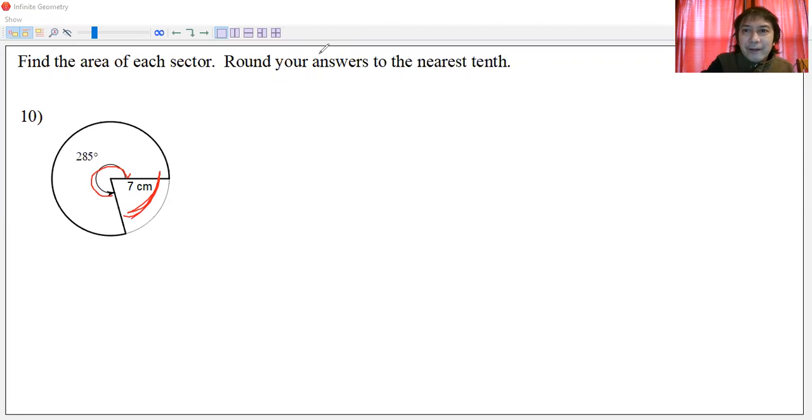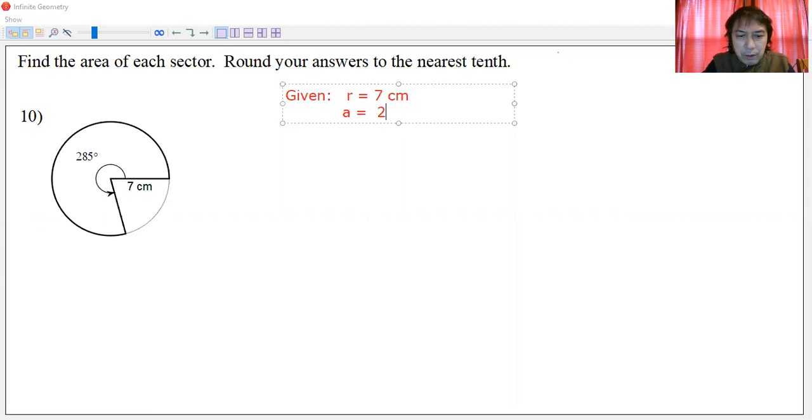So we shall write first the given: a radius of 7 centimeters, and the central angle is 285 degrees.